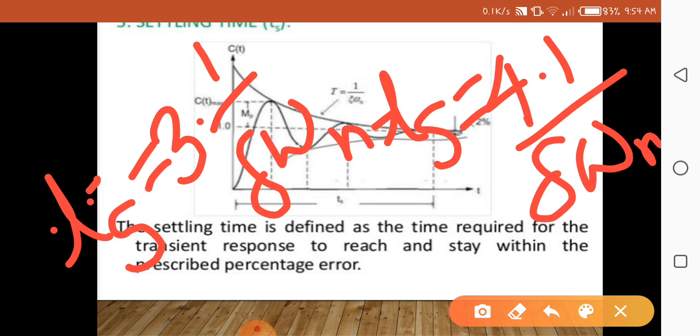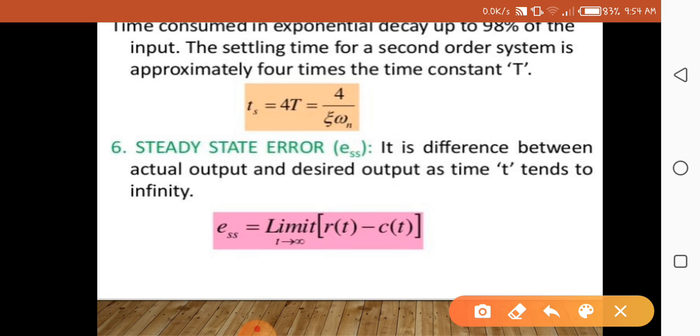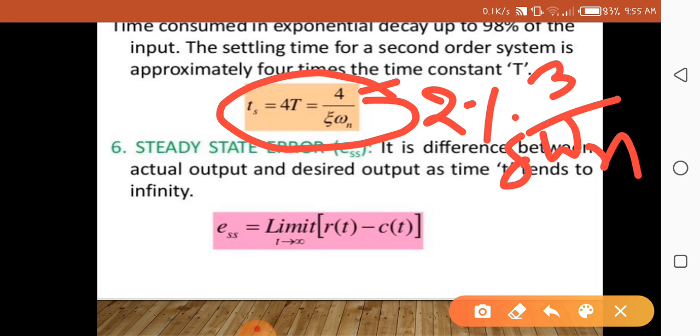So these are the values for the 2% band and 5% band. Note that for the 5% band, 4 is replaced by 3, meaning the formula is 3 by zeta omega n.